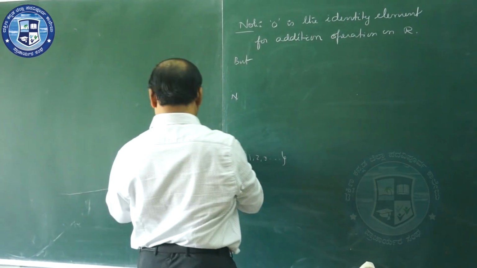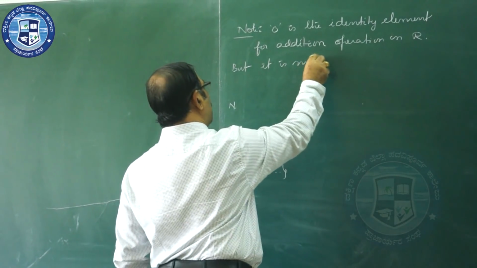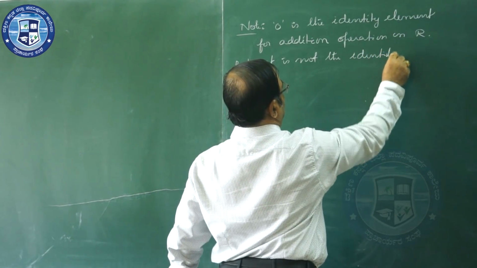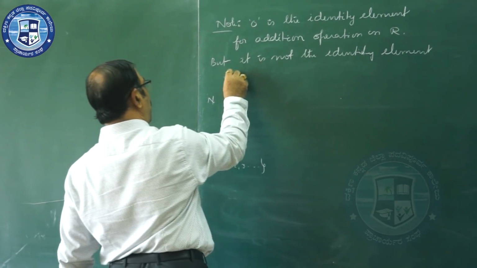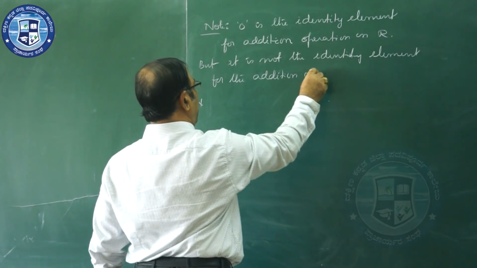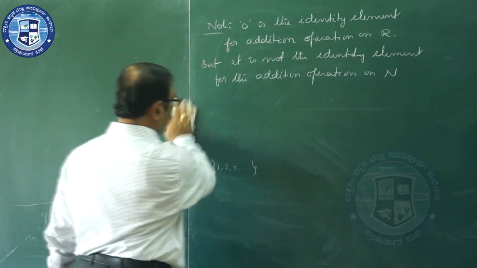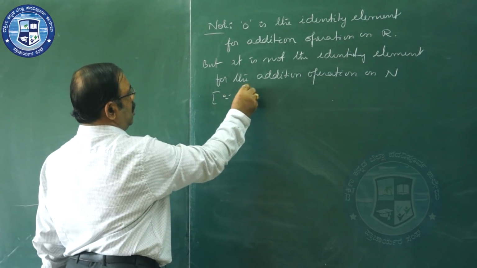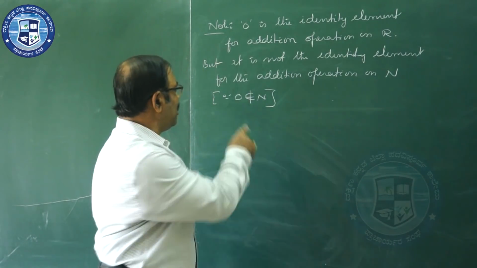No. 0 is not the identity element for the addition operation on N, because 0 does not belong to N.